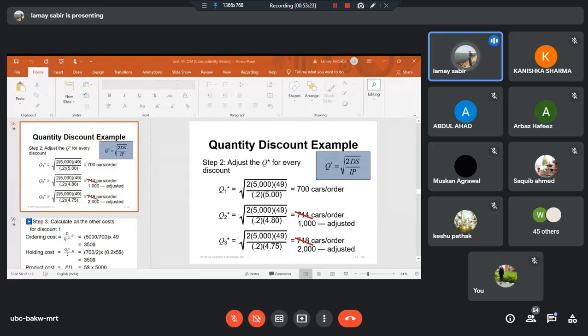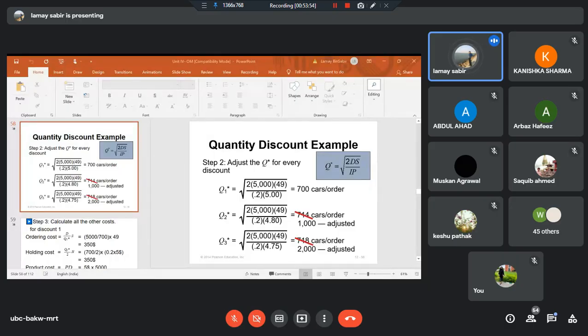We are following the price 4.80, which is available in the second discounting scheme. थर्ड पे आइए, थर्ड पे फिर 718 आ रहा था वैल्यू, इसमें भी हम 718 ऑर्डर नहीं कर सकते. क्यों नहीं कर सकते? क्योंकि we are following the price of the third discounting scheme, which is more than 1999. So the nearest value is 2000. So we have 3 values: Q1 700, Q2 1000 and Q3 2000.